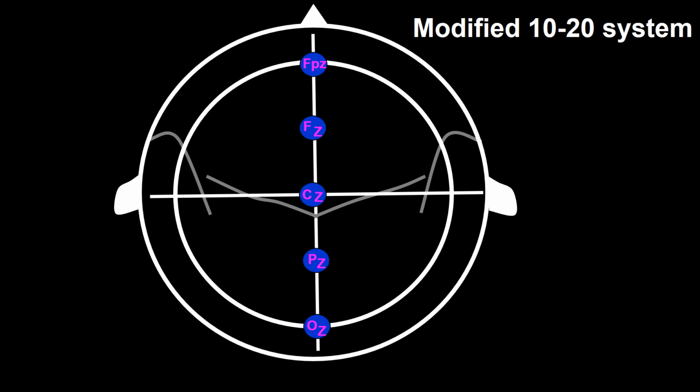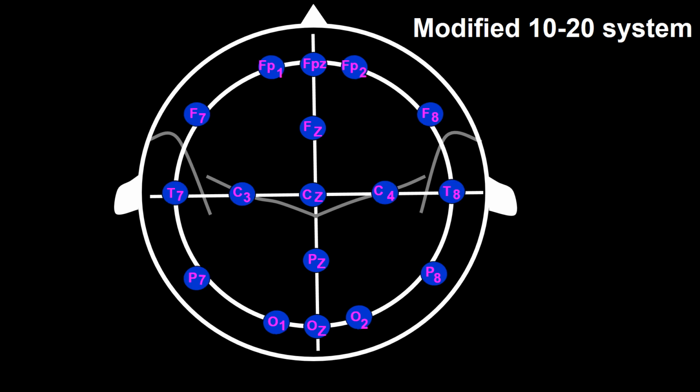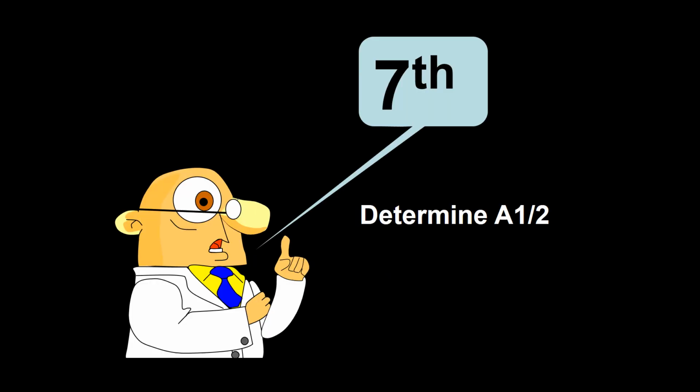Recapping what we have done so far, we start with 5 potential sites, then 15 potential sites, then 17 potential sites, then 19 potential sites, and then 21 potential sites. But it is not over yet. Next, we place A1 and A2.